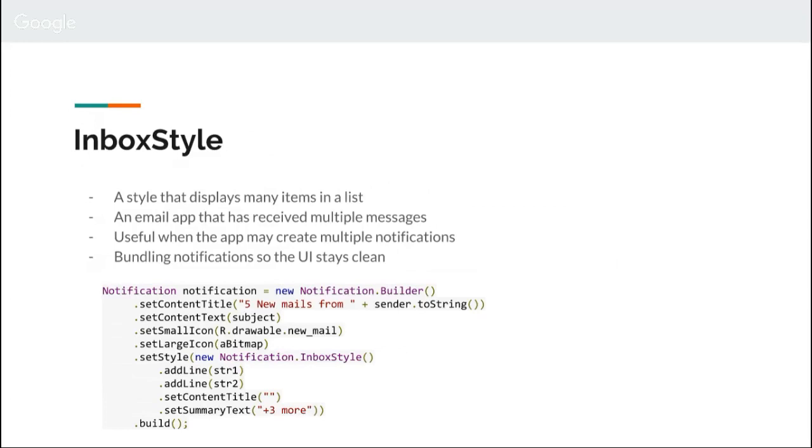And of course, here's how to build an inbox style notification. The style now is the inbox style, and then you go adding lines, and then you add a title and a summary. In this case, the summary is just like you have more messages, right?